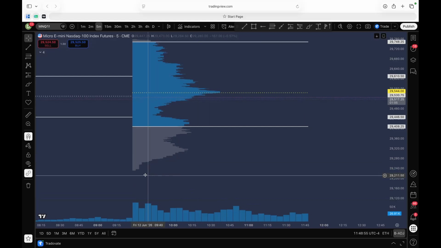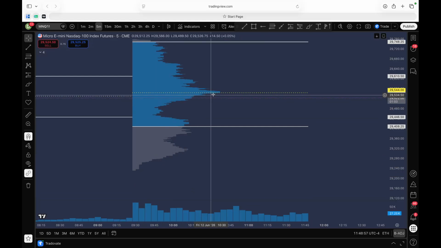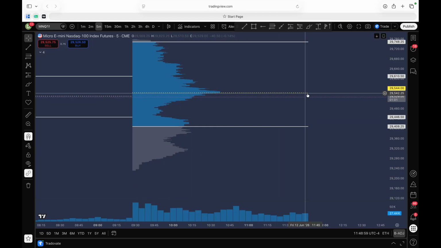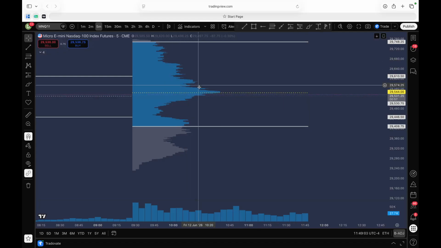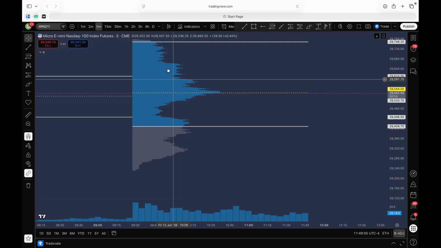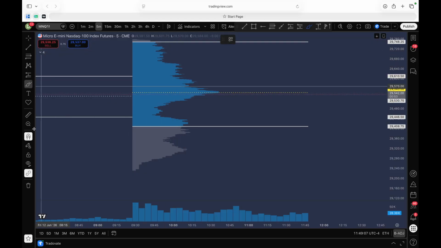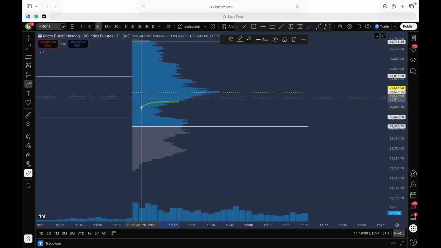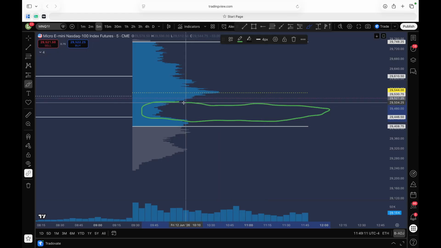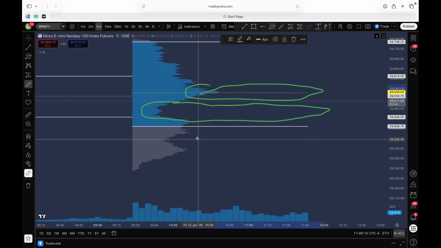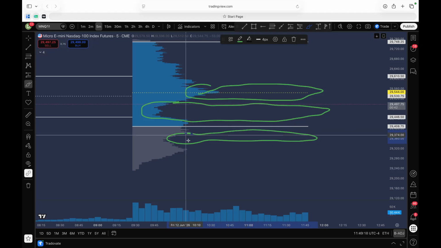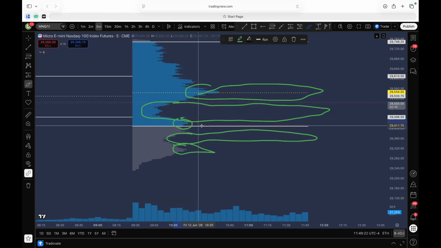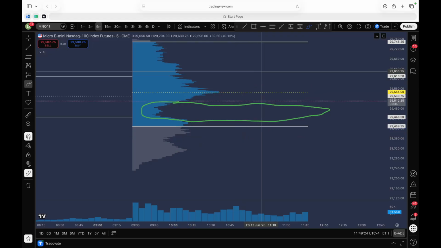This is the current session. You can see that the majority of the volume is traded at the point of control, which is right here. And you can see where all the volume spikes are. Low volume here. So in this trading area, there was low volume traded. But in this area, there was high volume traded. Low volume traded, higher volume, higher volume, etc.